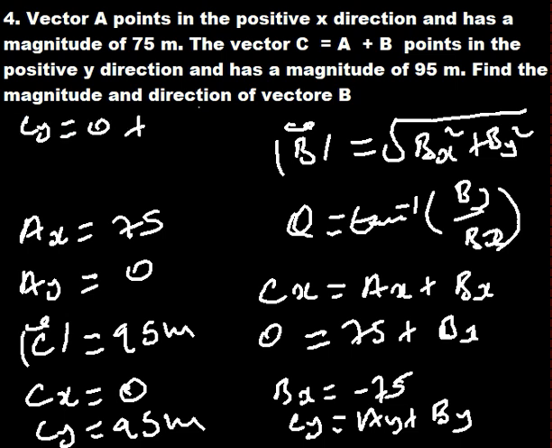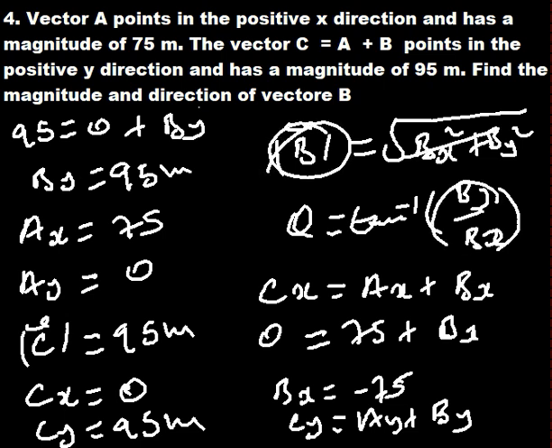We have it as 0. Plus what is by? by is what we are looking for. But what is cy? We have it as 95. So by will be positive 95. Then using this formula, we'll solve for the magnitude, and also using the other one, solve for the direction. So that's how you can do it.